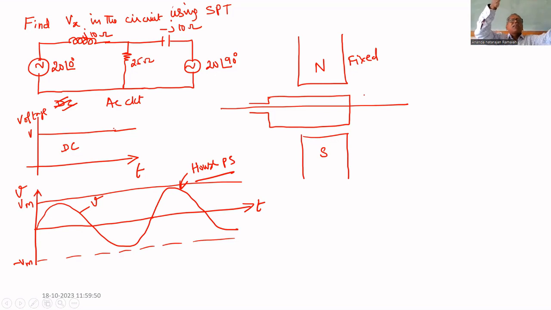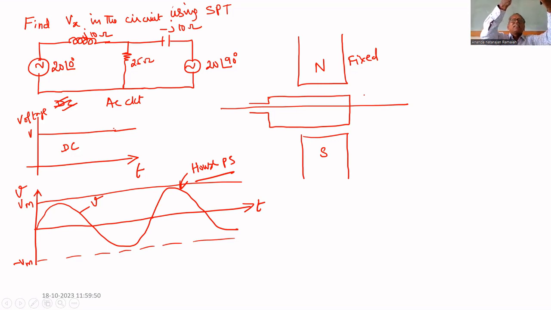But if the displacement is along the line of flux, it is not perpendicular. If the small displacement is exactly perpendicular to flux, the EMF induced will be maximum.